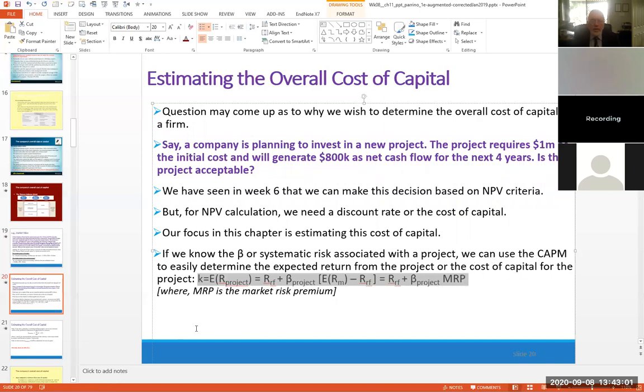And here we're really applying something like a CAP-M, or it is a CAP-M, to the puzzle. We're using the capital asset pricing model to work out the cost for the project. And if we understand the risks and returns and are able to differentiate the different levels of risk for the different parts of the company, then we're able to do this type of calculation.